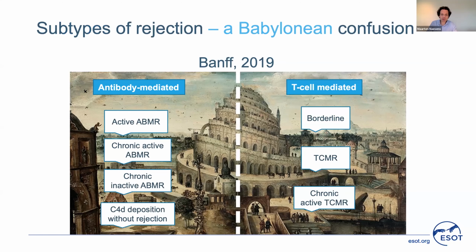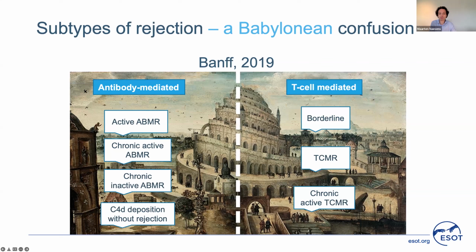These individual lesion scores are then further classified not only according to the antibody-mediated versus T-cell-mediated origin of it, but also according to disease activity and chronicity, as you can see on this slide.